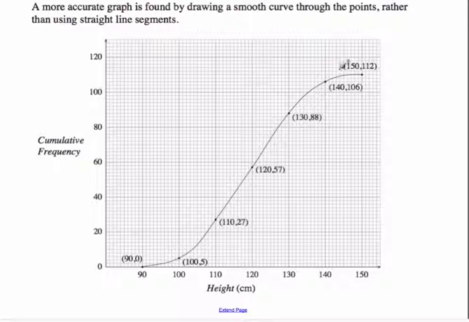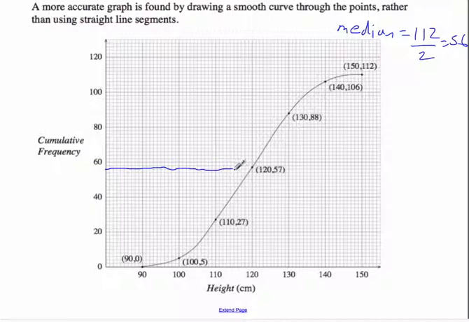Okay, so there's 112 people in the survey. If I want to get the median, I need to go to half of that, which is 56. So the median is 112 divided by 2, which equals 56. So if I look at my graph here and I go to 56, that's about right there. If I go straight across, I'm trying to go as straight as possible.